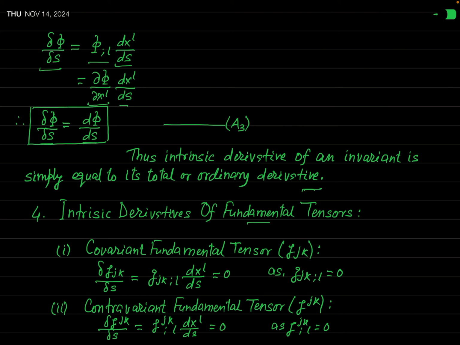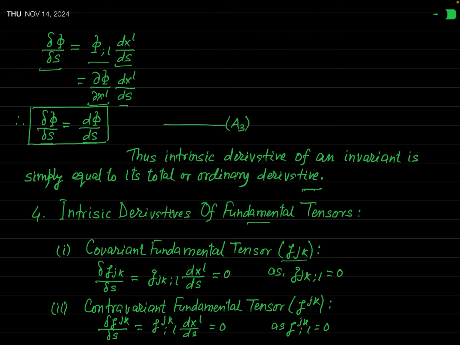First of all, we are going to see the intrinsic derivative of the covariant fundamental tensor, this G subscript jk. You know, G jk is the covariant fundamental tensor.